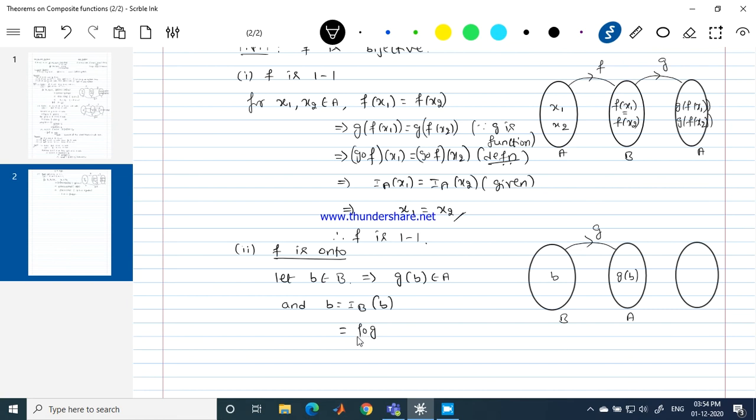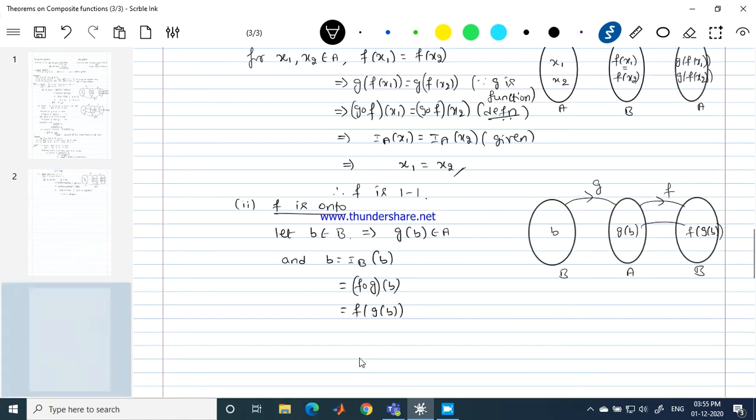So g composition f of b is equal to f of g of b. What we have proved here is that f is a function from set A to B, and its image f of g of b is present in set B again.